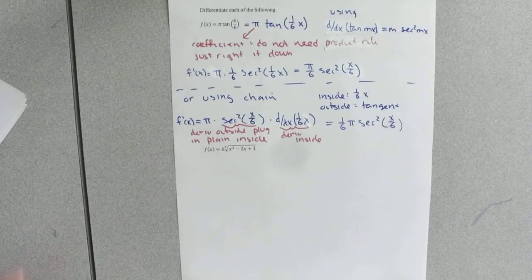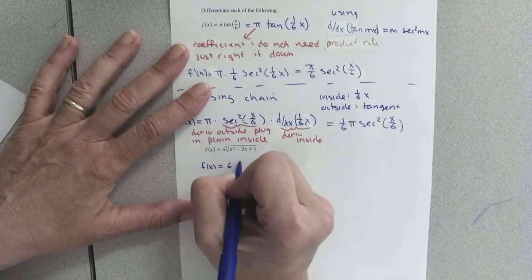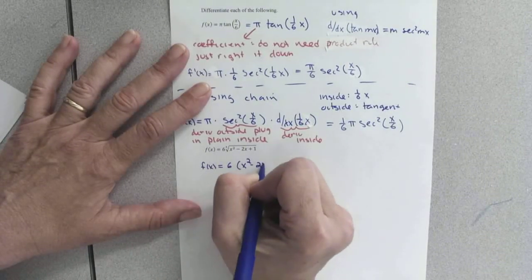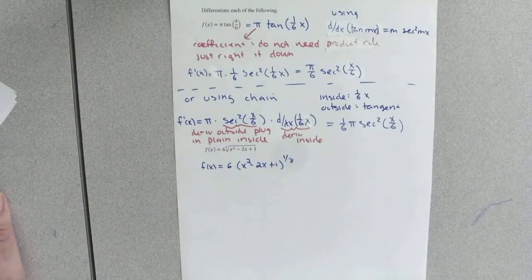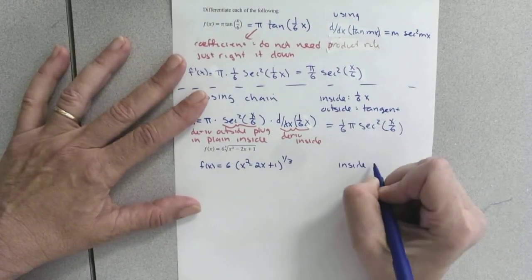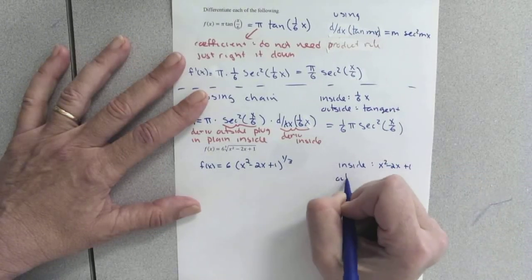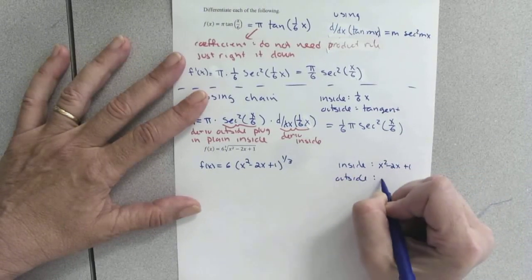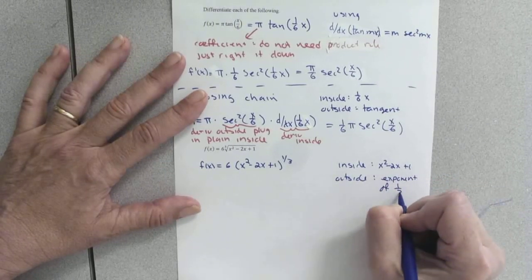Okay, next one. First do what we always do. Rewrite radicals with exponents. Cube root, same thing as 1/3. And so once I do that, it is obviously a chain rule. I've got an inside function of x squared minus 2x plus 1, an outside function of an exponent of 1/3.